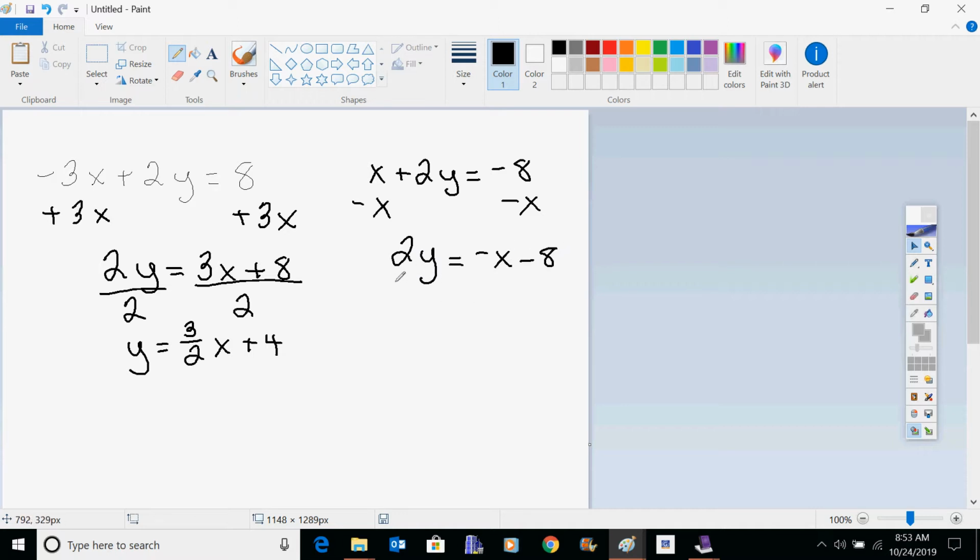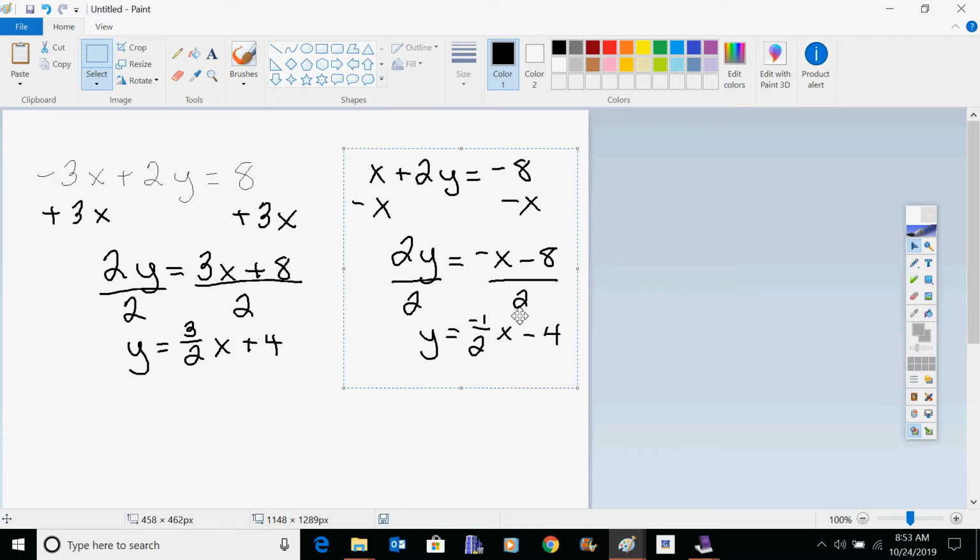And then we need to divide by 2. So y equals, good, negative half x, or x over 2, but just so long as you're realizing that your slope is negative a half here, minus 4. Okay, so once again, I'll move this over so that we can have it right there in front of us.